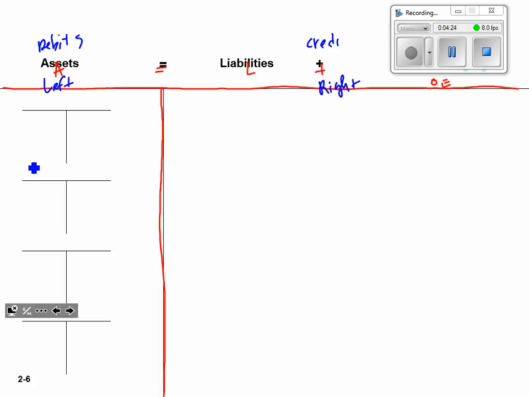Okay, so knowing what we know from chapter 1, we have a giant T that has a left and right side. Another word that goes with left is debits. Another word that goes with right are credits. Okay, now let's take that same concept and focus in on the little t's. Give me an example of an asset, the most liquid asset. Cash. Okay, I'd like you to write cash in there.